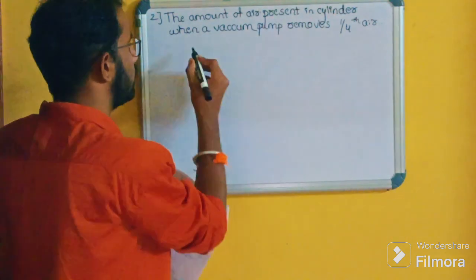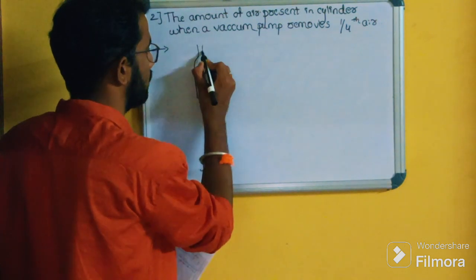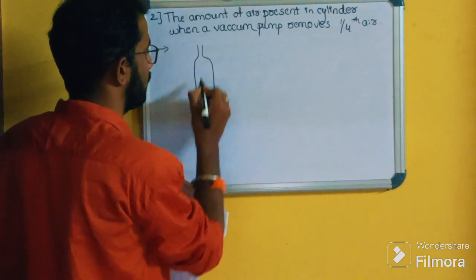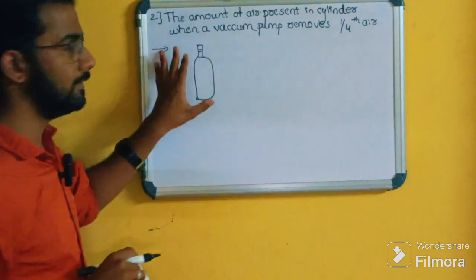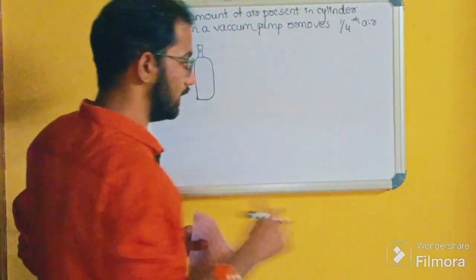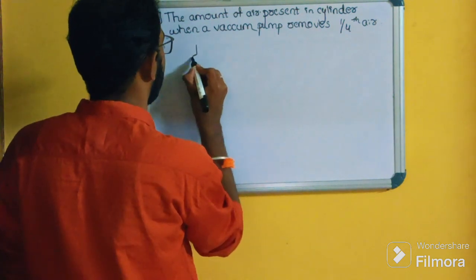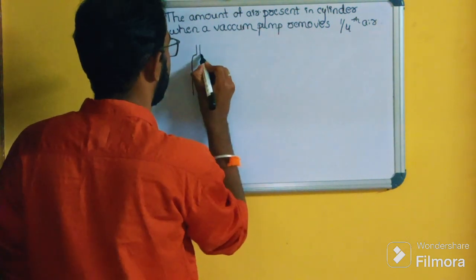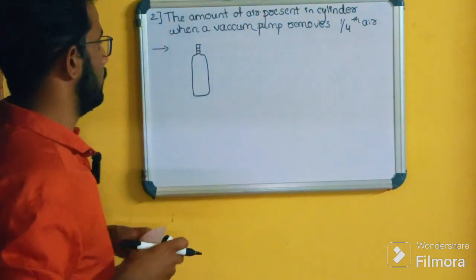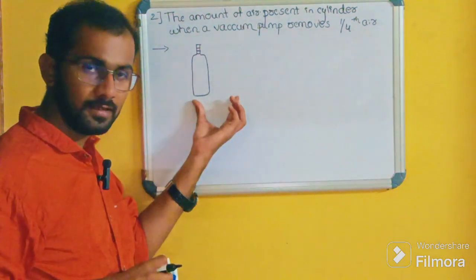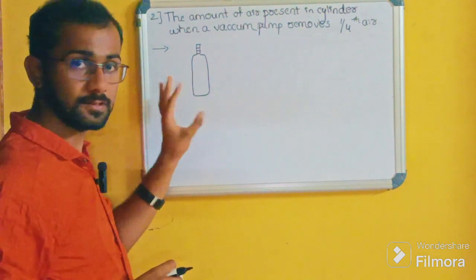So let's take one cylinder for better understanding. If you imagine this is a cylinder, we don't know exactly how much air is present at present.